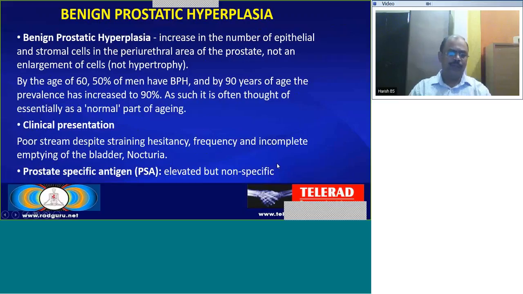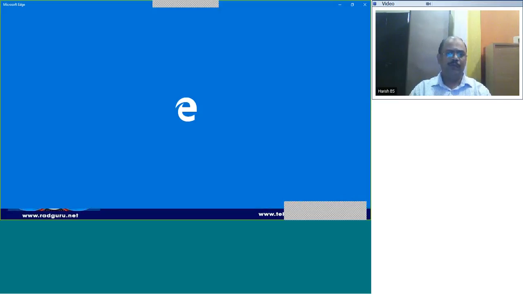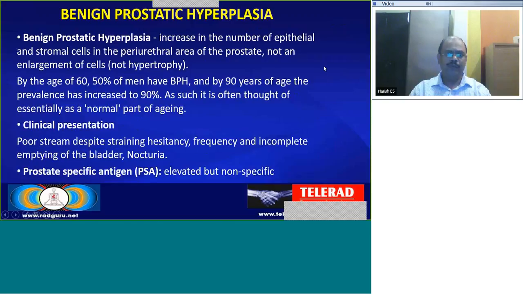Next we come to benign prostatic hyperplasia. Here it is important to remember that we have to use the term hyperplasia rather than hypertrophy, because it is basically an increase in the number of the epithelial and stromal cells in the periurethral area of the prostate, and not an actual enlargement of the cells, so to say.